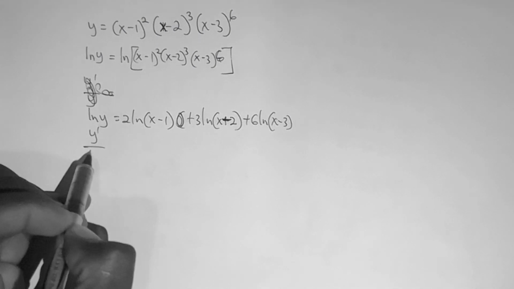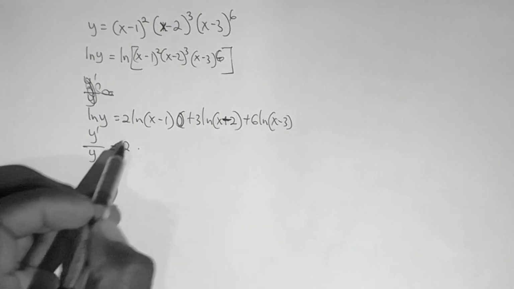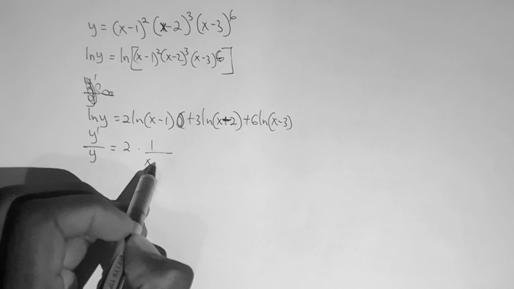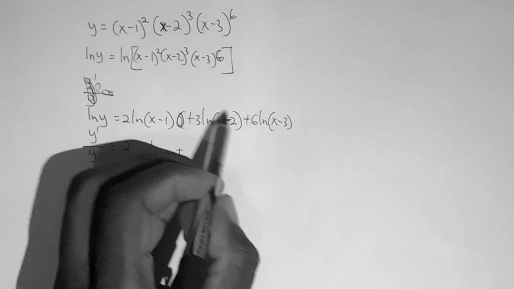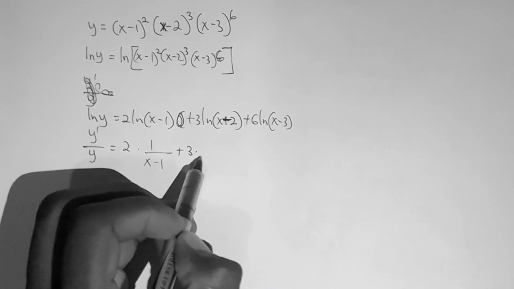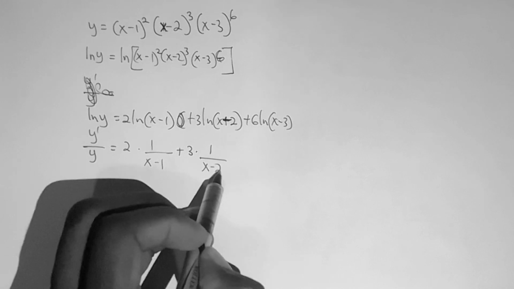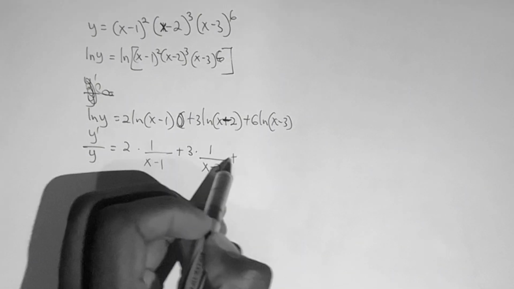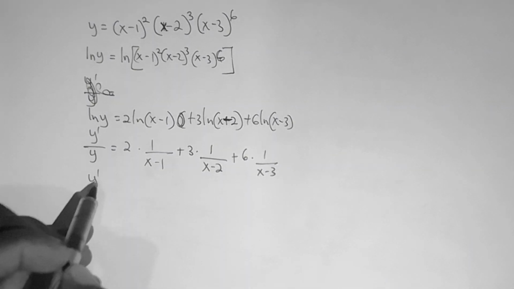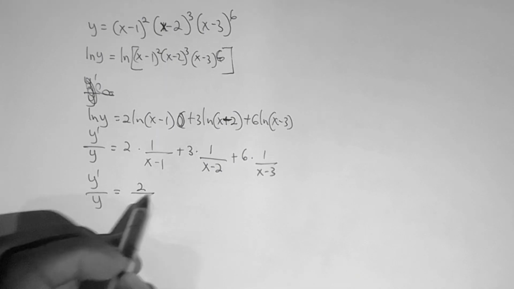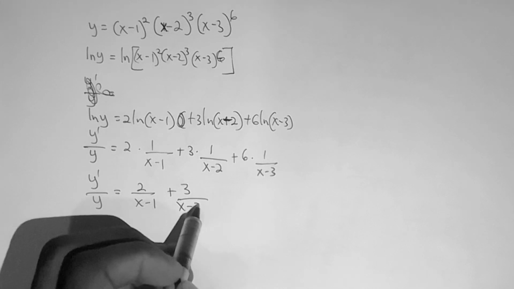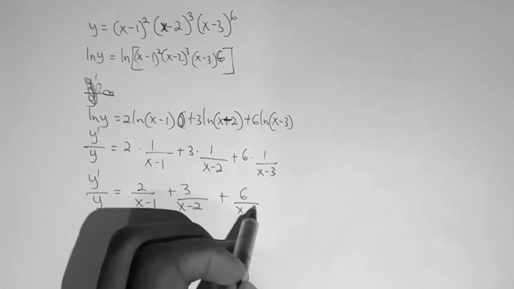So y prime over y is equal to 2 times, if we differentiate this, it becomes 1 divided by (x minus 1), then plus 3 times 1 divided by (x minus 2), then plus 6 times 1 divided by (x minus 3). So y prime over y is equal to 2 over (x minus 1) plus 3 over (x minus 2) plus 6 over (x minus 3).